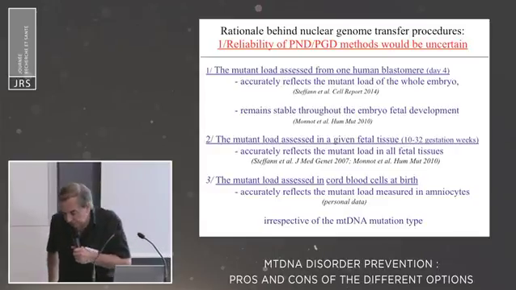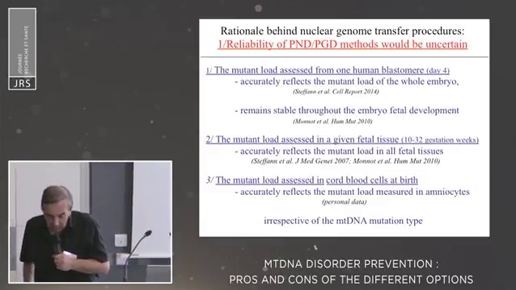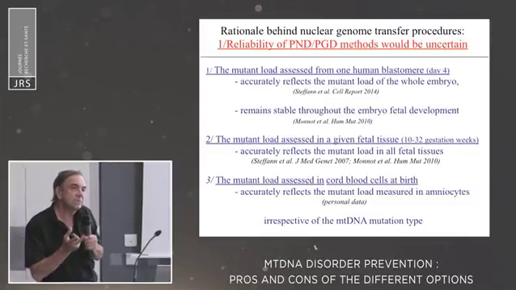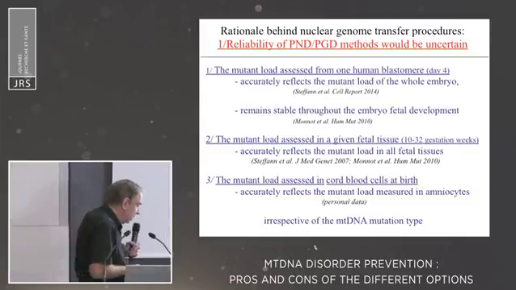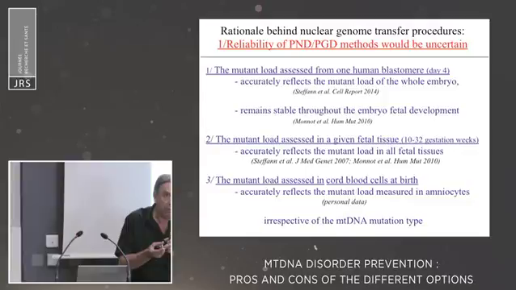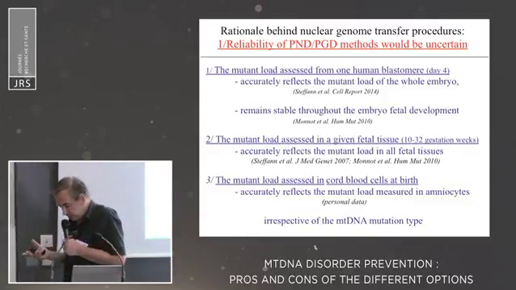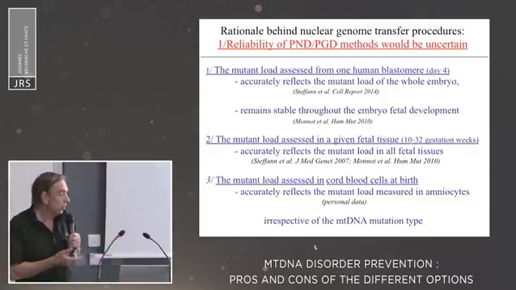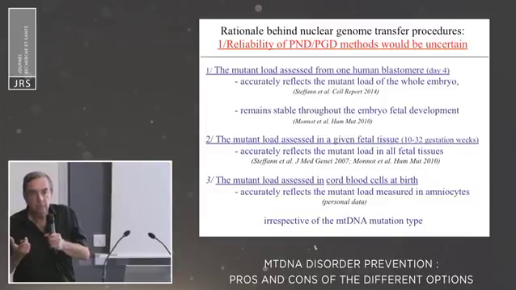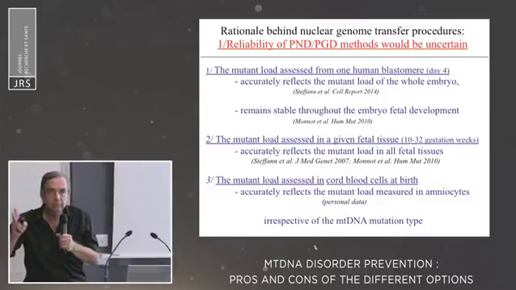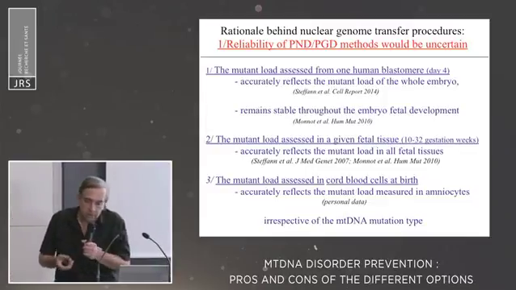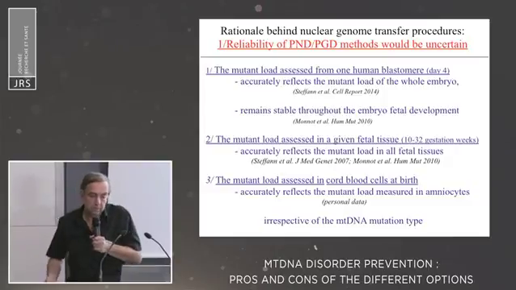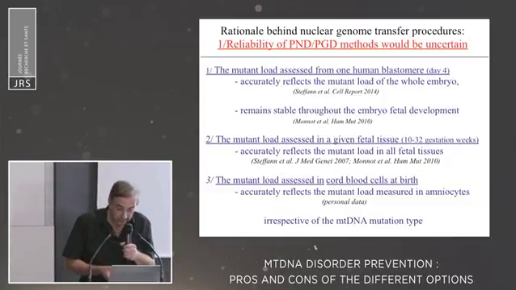The first of them was that assessment of mutant load in one blastomere or in CVS or amniocytes would not accurately reflect the overall mutant loads in the child at birth.